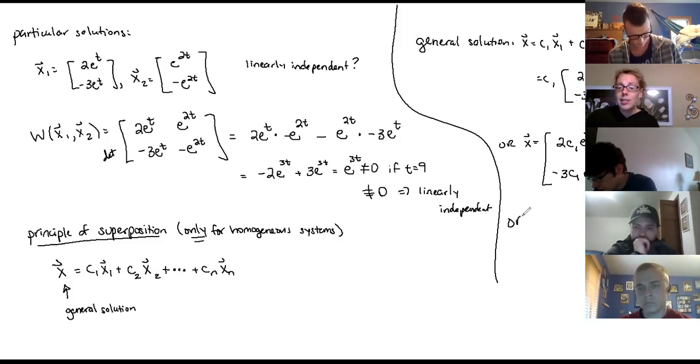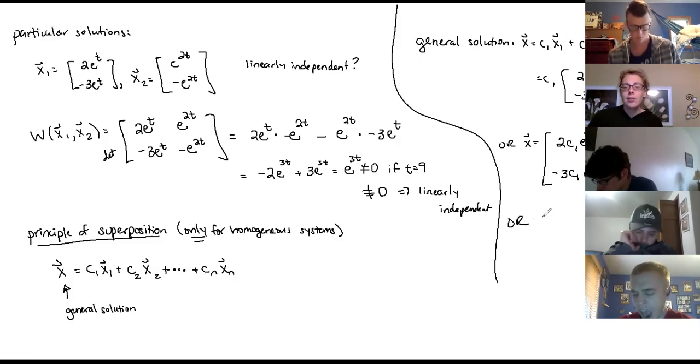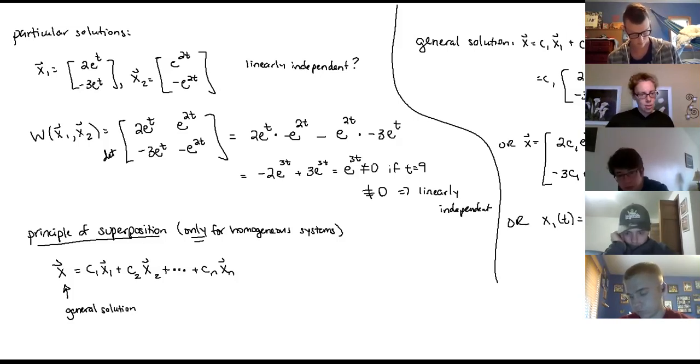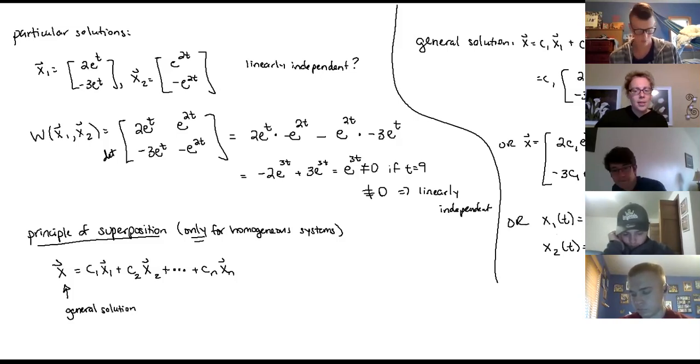So we could also say, and these are functions, not vectors, they don't get vector arrows over them, X1 of t is the first one: 2C1 e^t plus C2 e^(2t). That's my first function. And then my second function, X2, is negative 3C1 e^t minus C2 e^(2t).